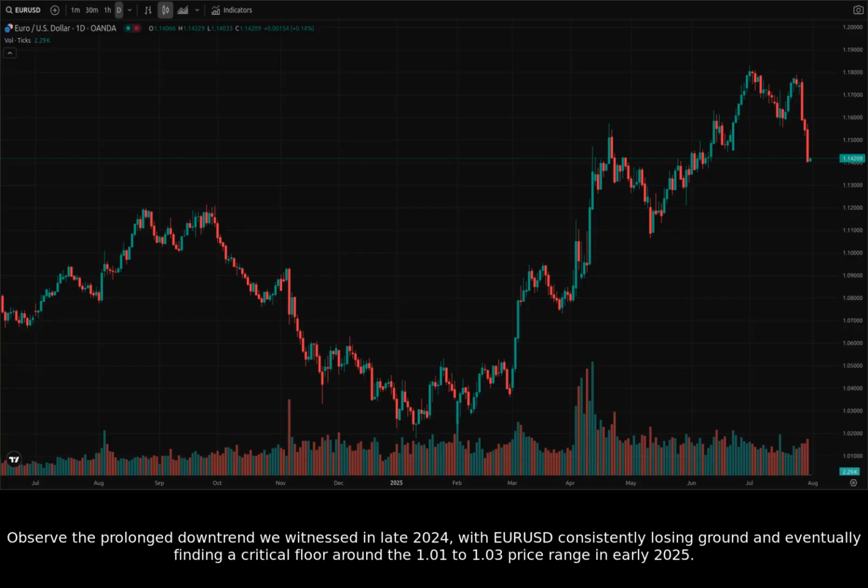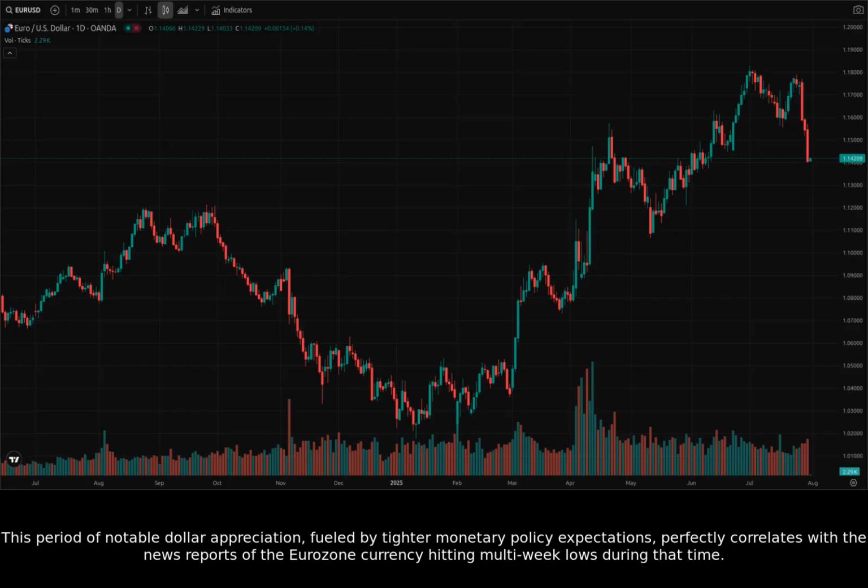Observe the prolonged downtrend we witnessed in late 2024, with EURUSD consistently losing ground and eventually finding a critical floor around the 1.01 to 1.03 price range in early 2025. This period of notable dollar appreciation, fueled by tighter monetary policy expectations, perfectly correlates with the news reports of the Eurozone currency hitting multi-week lows during that time.